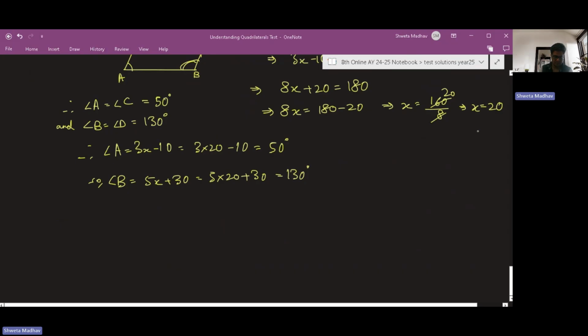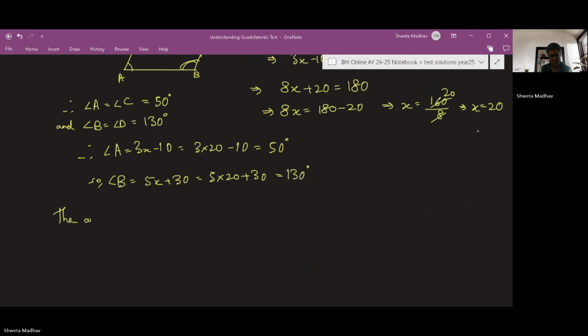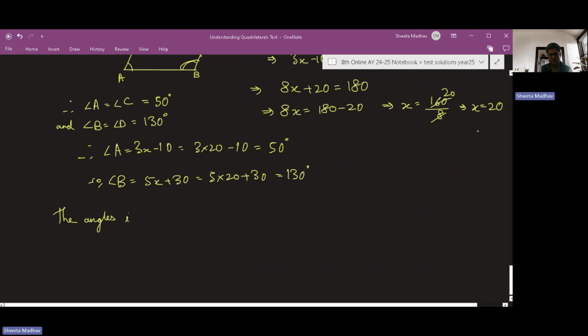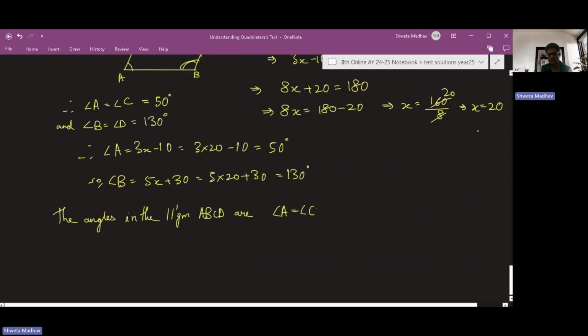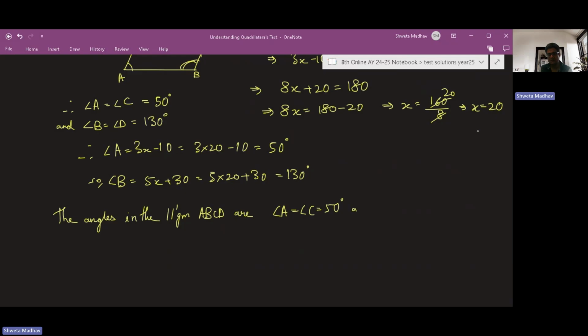So this is the answer. The angles in the parallelogram ABCD are: angle A equals angle C, that is 50 degrees, and angle B equals angle D, that is 130 degrees. So this is the answer.